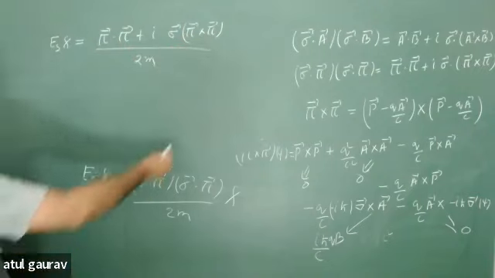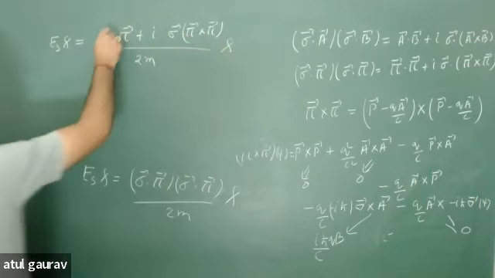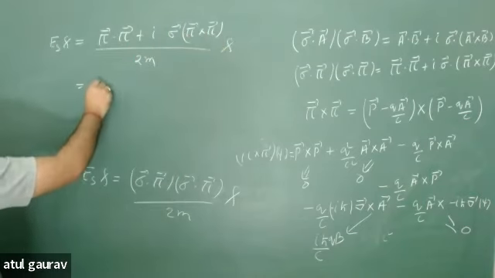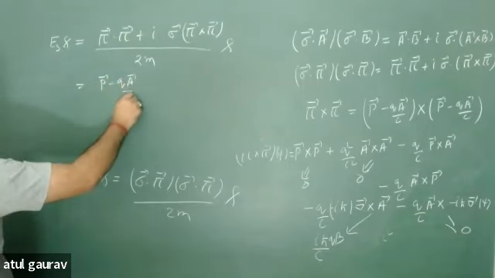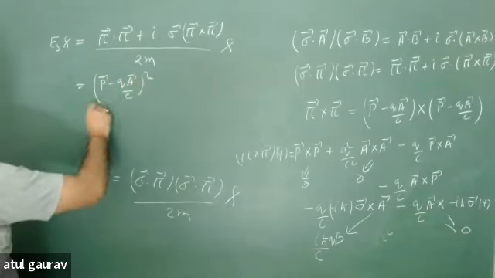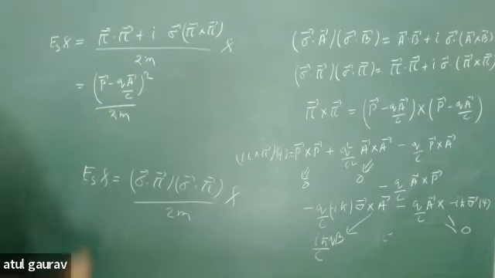This is it, isn't it? And here is your chi. And what is this value? This value is (p minus qA by c) whole square upon 2m.